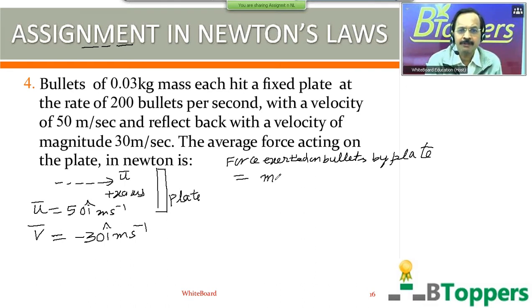So change in momentum of one of the bullets will be m into v bar minus u bar. Let small n denote number of bullets which strike the plate per second. Then change in momentum for 1 second can be written as number of bullets striking the plate per second into change in momentum of one of the bullets.